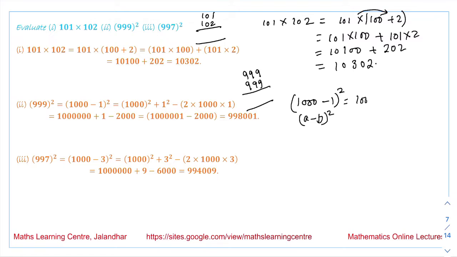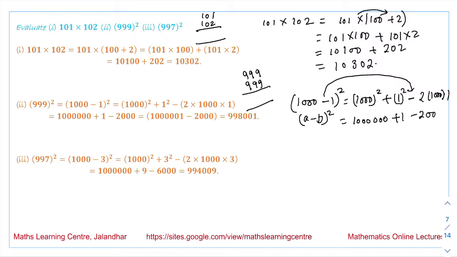So it will become a square plus b square minus, because it is minus sign over here, 2 into a into b. So that is equal to 6 zeros are there, plus 1 minus 2000. So the answer you will get is 998001.